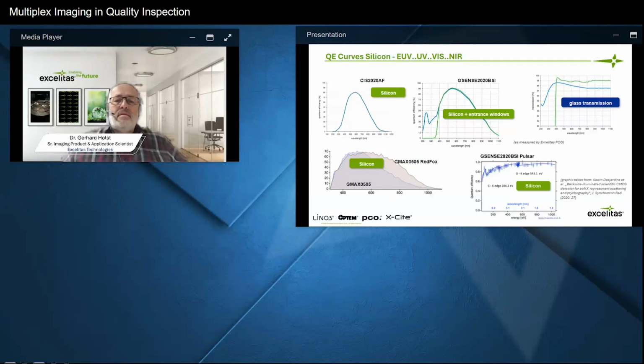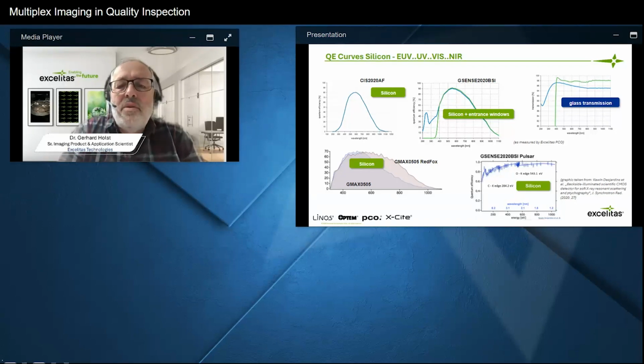Here you see some examples: from upper left, a silicon image sensor, and then another silicon image sensor, which includes the transmission of the entrance window.